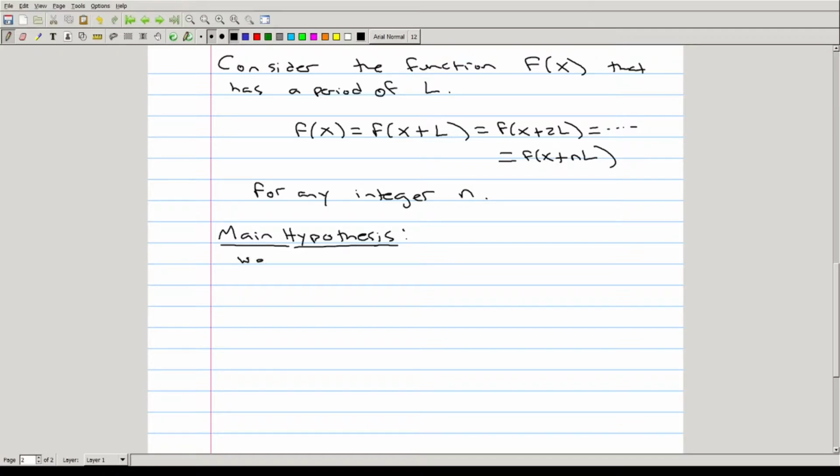We expect that for every L periodic function f of x that satisfies some mild conditions, which I'll get into in more detail later on in the lecture.